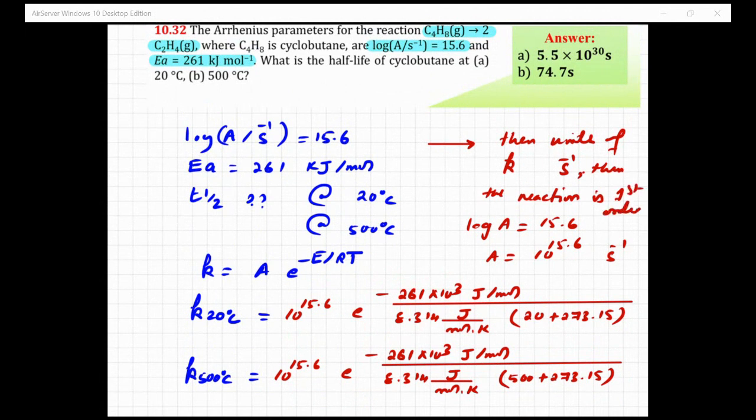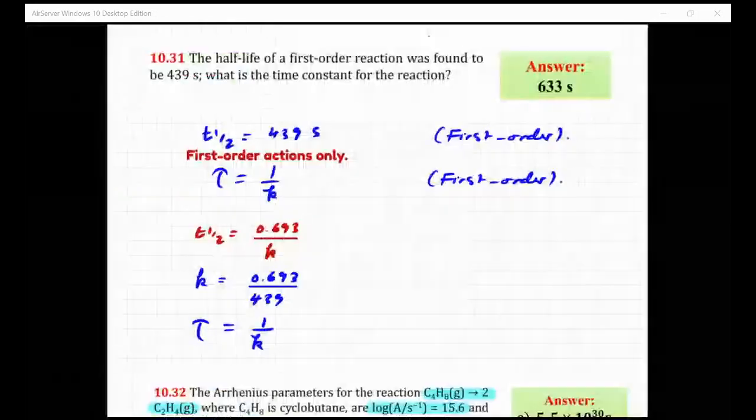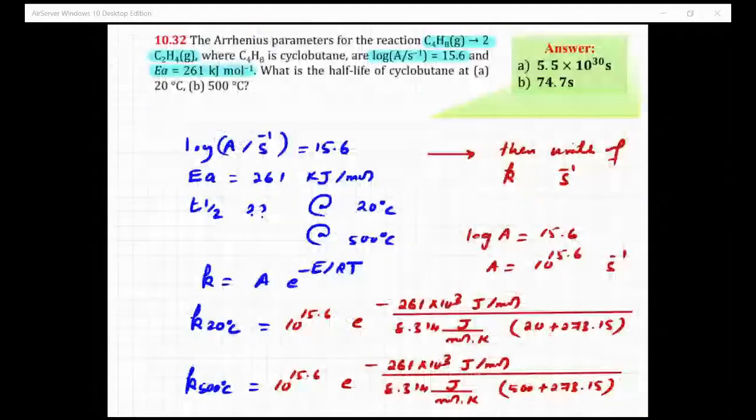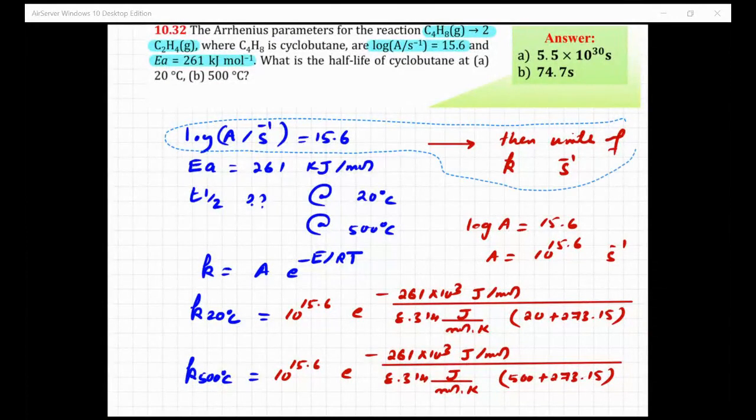So let me just write it somewhere. This is what we have. So we'll just put it there and we will comment.